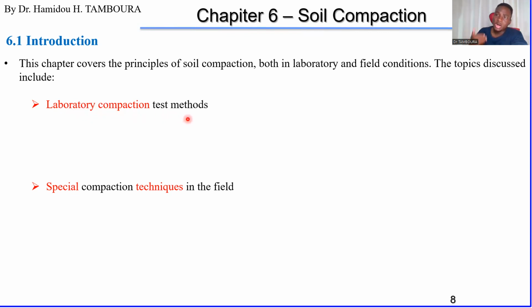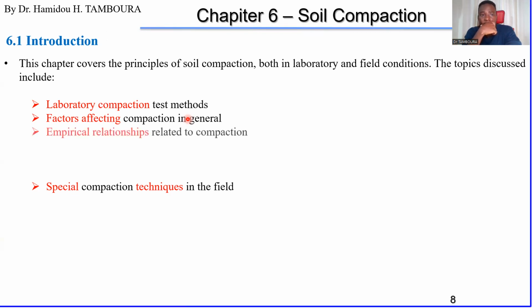We will explain how to conduct compaction in the lab, how to take a soil sample and how to do it. What is the equipment used for compaction? We will also talk about factors. What are the factors affecting compaction in general?